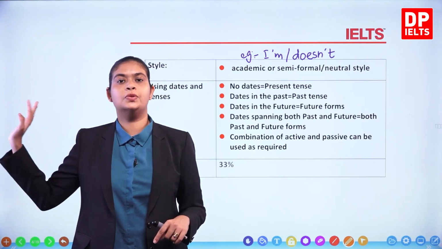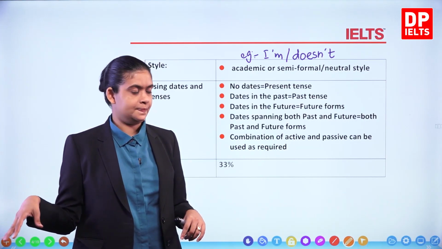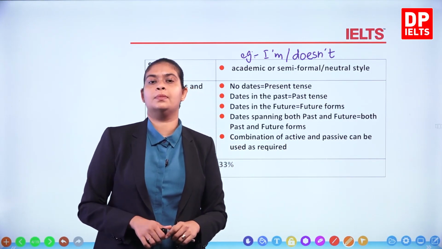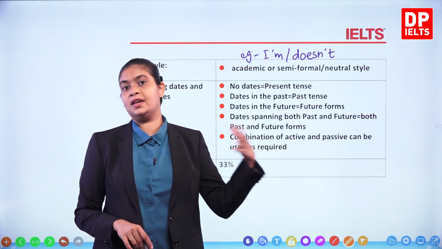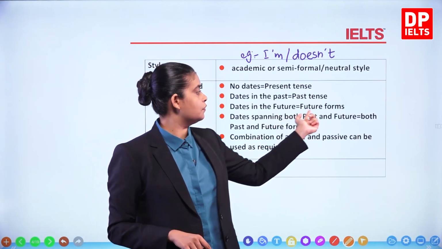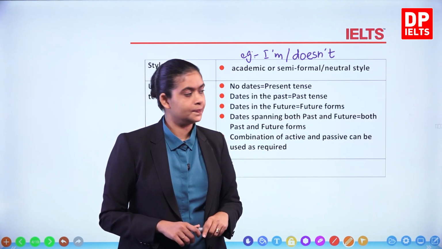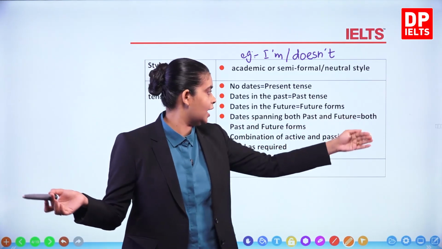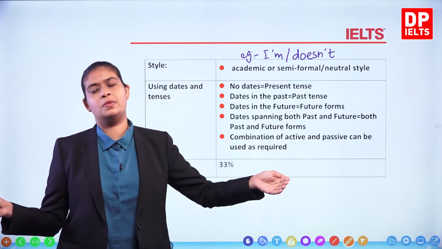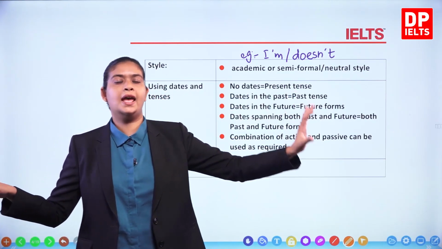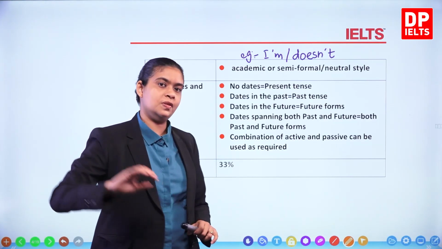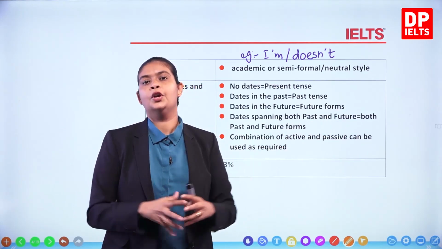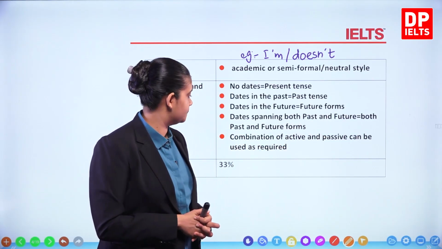If so, you can use the past tense. If there are future dates, example, if it's talking about 2025, 2030, okay, use the future forms. Now, dates spanning both past and future, you also must use both past and future, okay? So, use the past tense as well as the future forms to talk about the two different time frames.